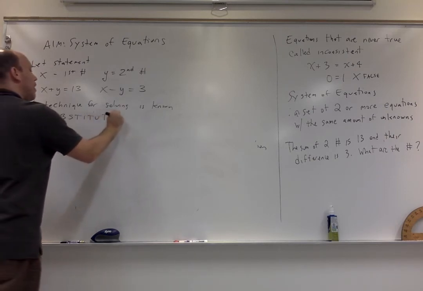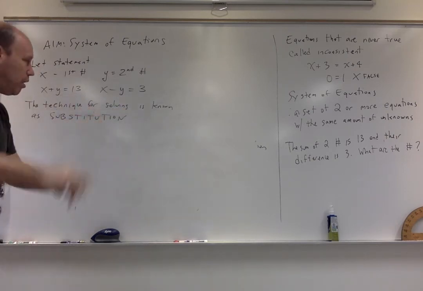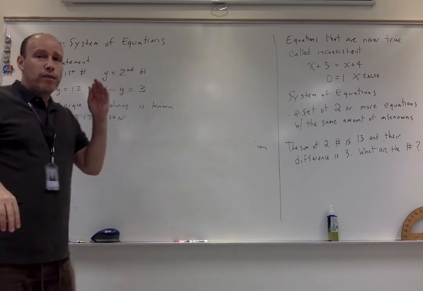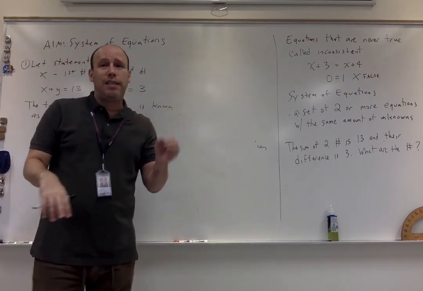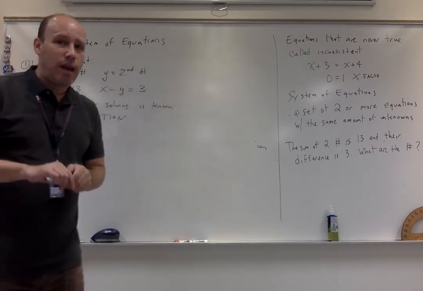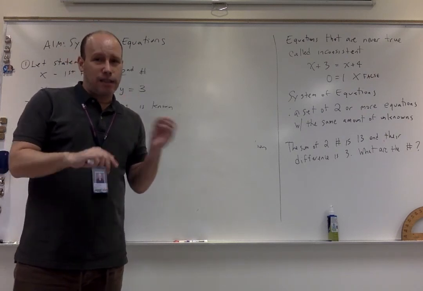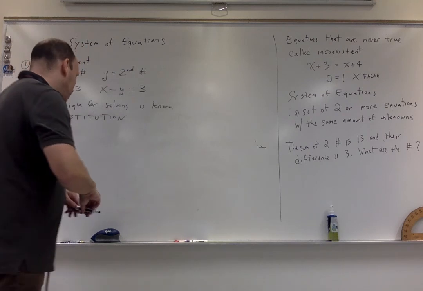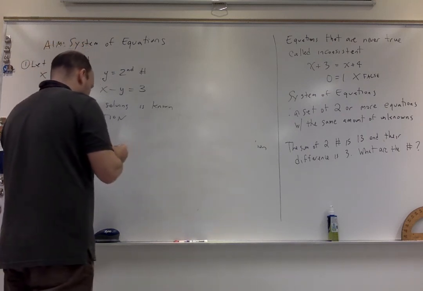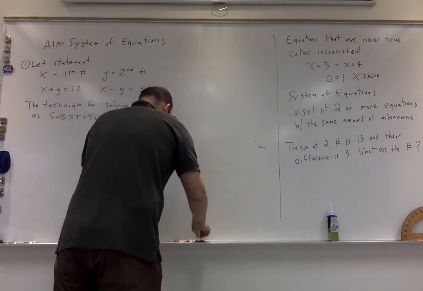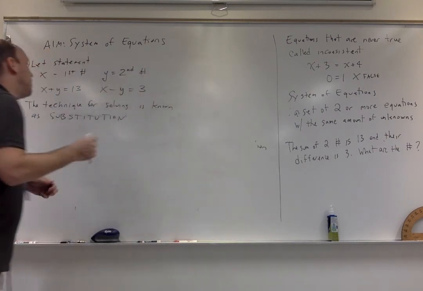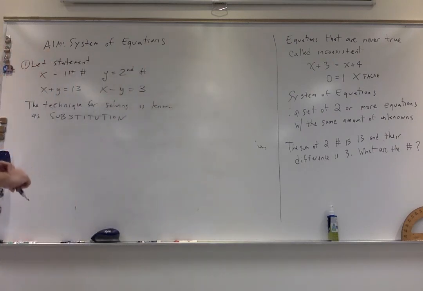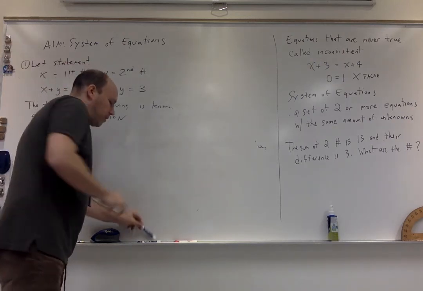And here's how it goes. When you have substitution, you take one of the equations and easily solve for one of the variables, and then you take that and plug it into the second equation, right? So it looks like this. What can I easily solve? So let's do a better example.